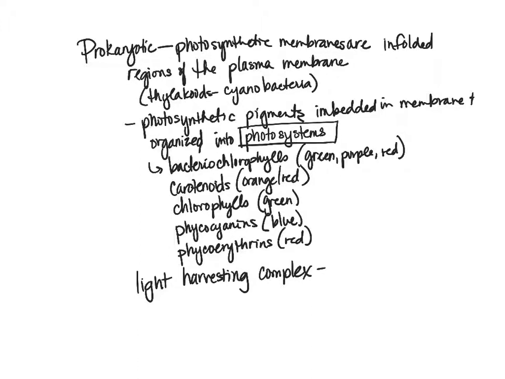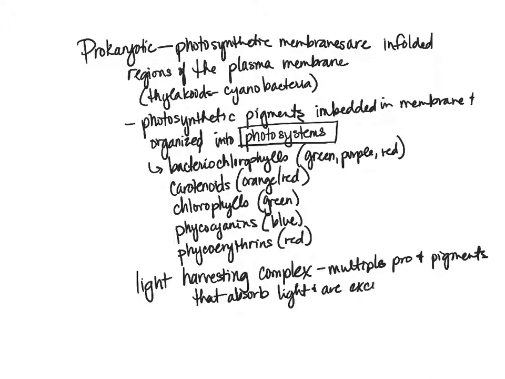Not the electrons here, but just the energy of those excited electrons is transferred from one section of the photosystem to another until it gets to the reaction center. So our light harvesting complex has multiple proteins and pigments that absorb light and are excited, and the energy is transferred to the reaction center.